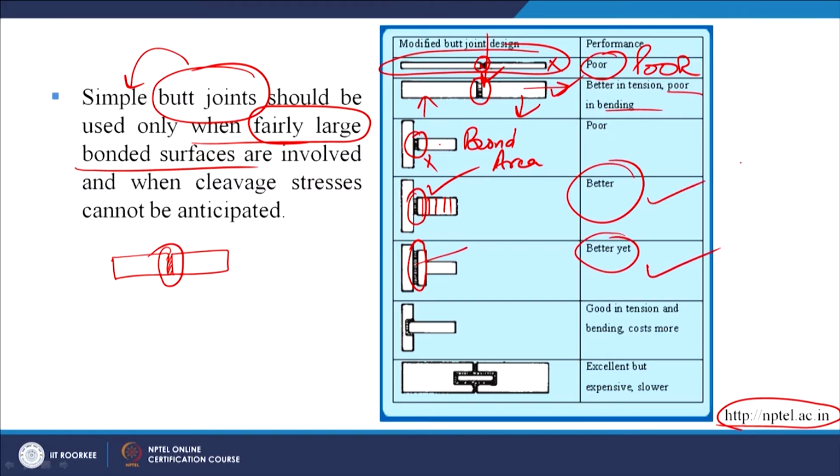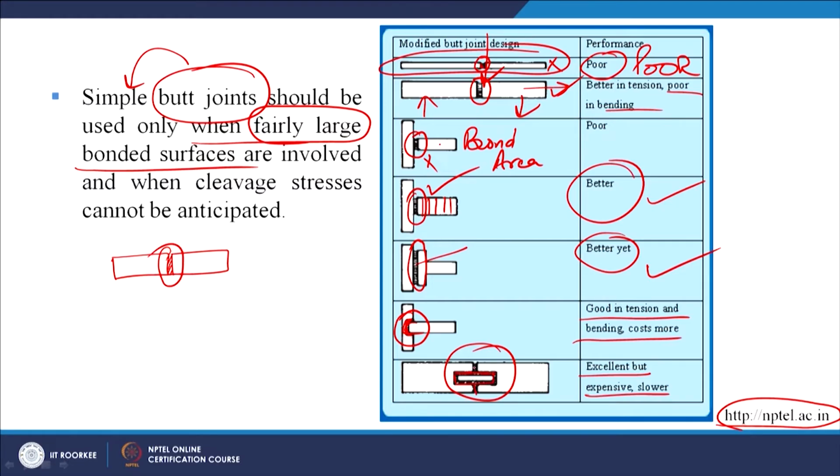And here a joint configuration has been changed, good in tension and bending, but it will cost more. So this is another design which can be used, and we can fill the adhesive here and form the joint. And this is excellent from the butt joint point of view, but it is expensive and slower because it will take time to make a joint configuration like this, and it is all dependent upon the bonding area.